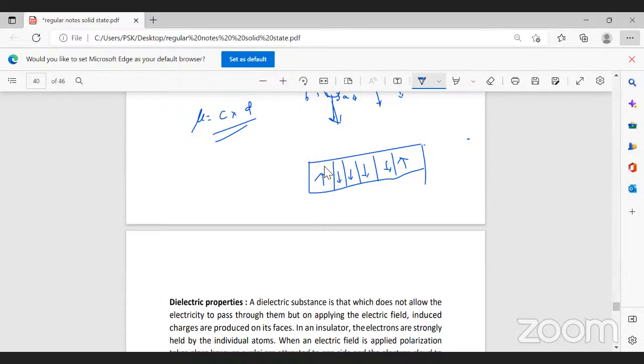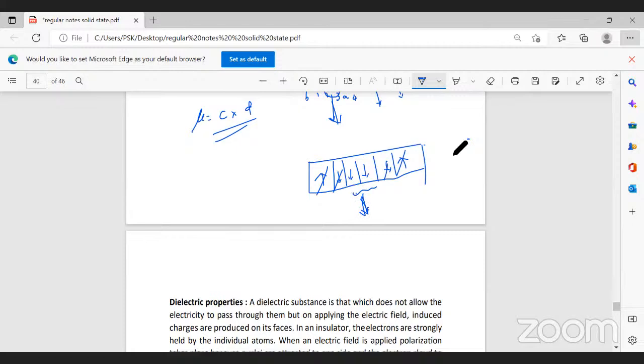This is anti-clockwise rotation. Assume that they cancel. Here also downward and upward it cancels. But what about these? These 2 are in excess. So these 2 are in the same direction. Therefore, they will exhibit a permanent dipole moment. They will have charge and distance. Dipole moment will be there. So this will show magnetic property.